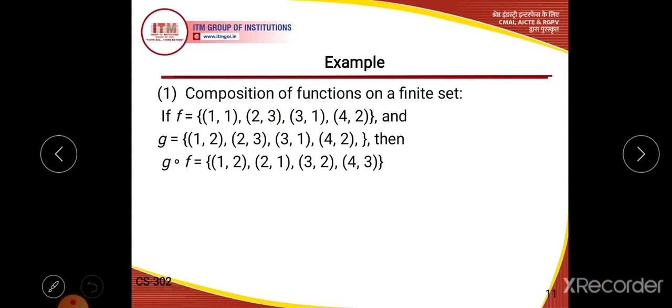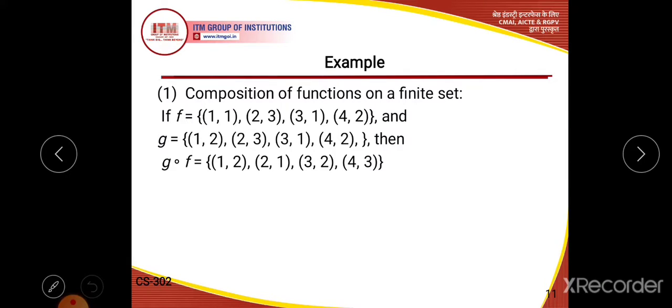Now, here are some examples which are based on composition of function. Composition of function on a finite set. What is a finite set? A set which has a finite number of elements is a finite set. We are given two functions, f and g, and we have to find the composition, g∘f.